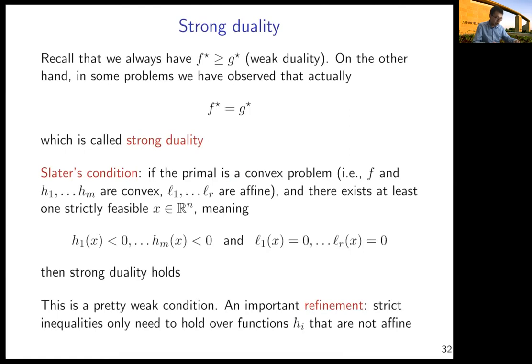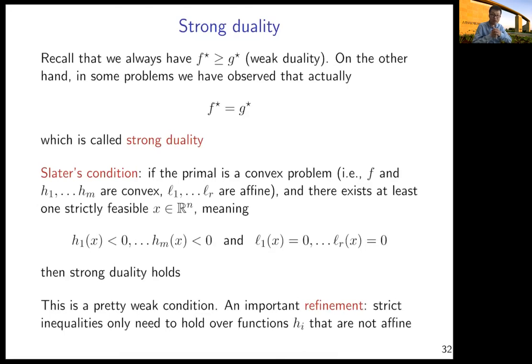Slater's condition is one of these so-called constraint qualification conditions. It says that provided that your constraint set, the feasible region of your convex optimization problem, has a point that's in the strict interior, then strong duality is true.